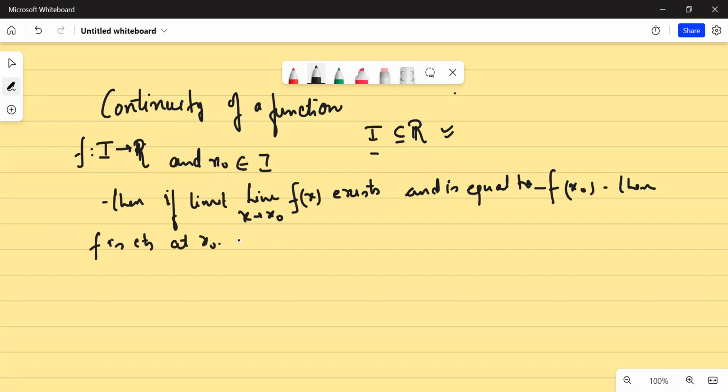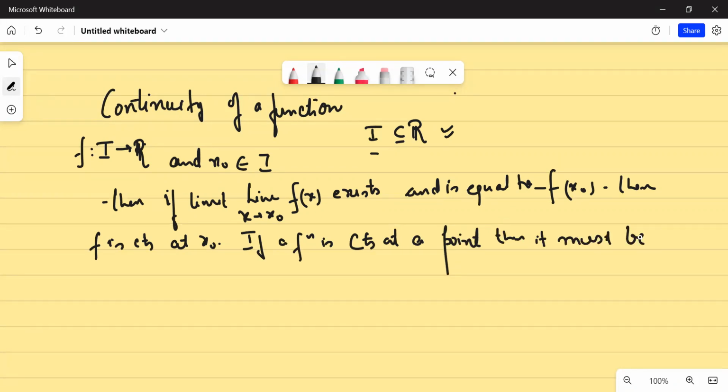So if a function is continuous at a point, then it must be defined at that point. Is that clear?